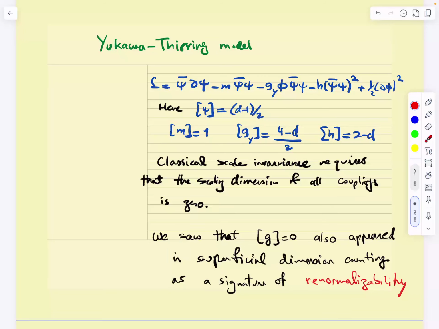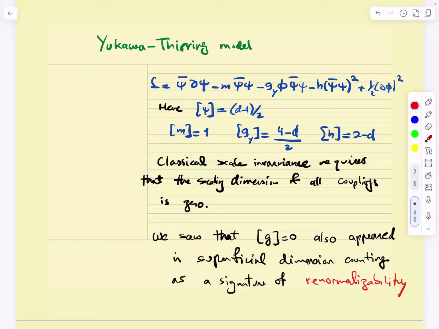Here, in D space-time equal to 4, the coupling constant g_Y does not have to vanish. What should vanish is dimension. So it has to be dimensionless. But these guys should vanish, of course, because in D equal 4, they do not become dimensionless.